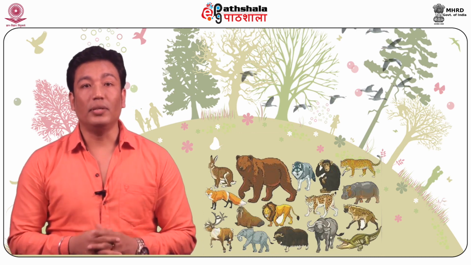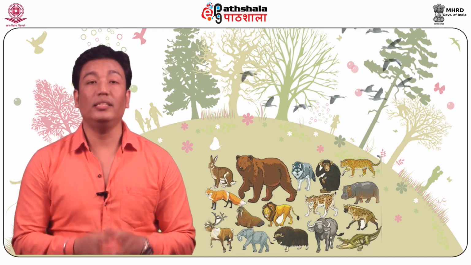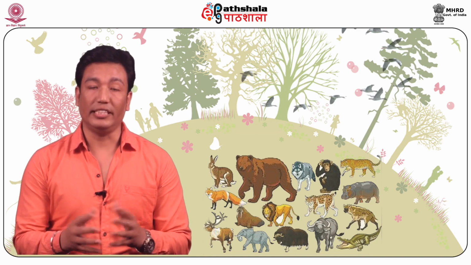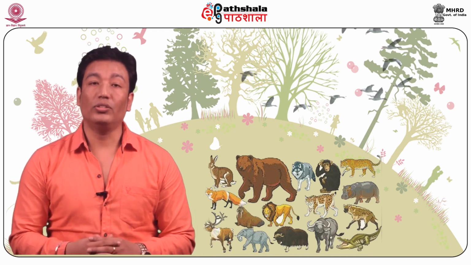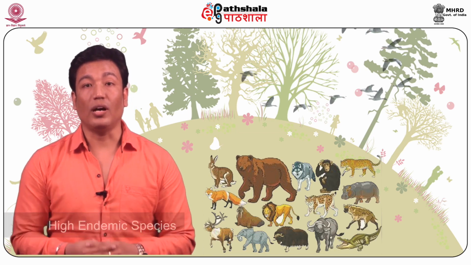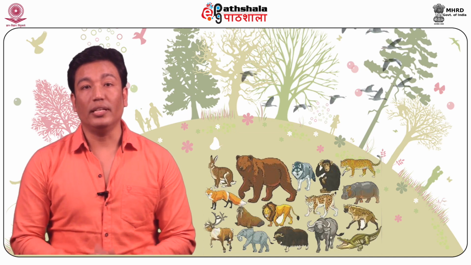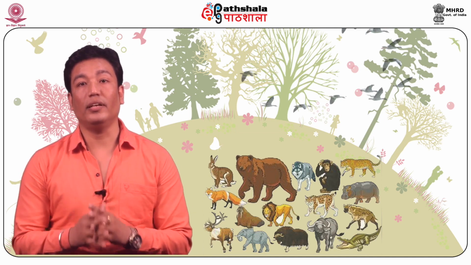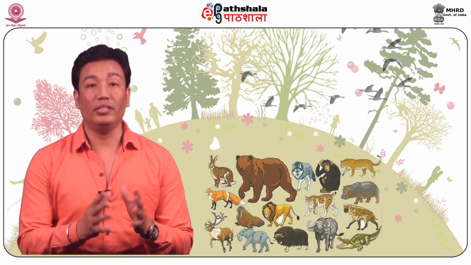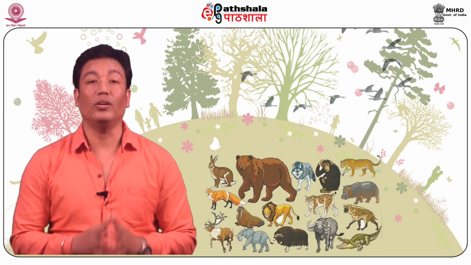The area must have lost at least 70% of its original vegetation, or must be irreplaceable due to the presence of highly endemic species. Around the world, there are 35 areas that are biologically rich and have lost nearly 70% of their original habitat.